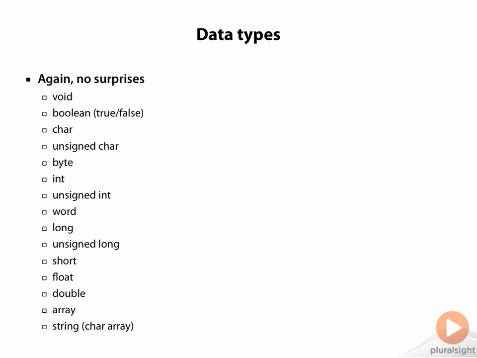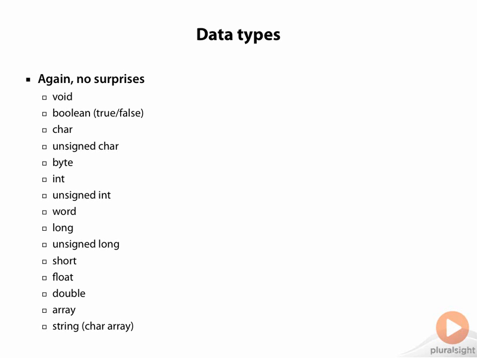In terms of data types, again, things that you would expect, no real surprise. We've got Boolean, true, false, char, string, array, or char array, arrays, doubles, floats. So the typical kind of data types that you'd be used to. Now, one thing that you might want to think about doing is using the smallest data type possible.